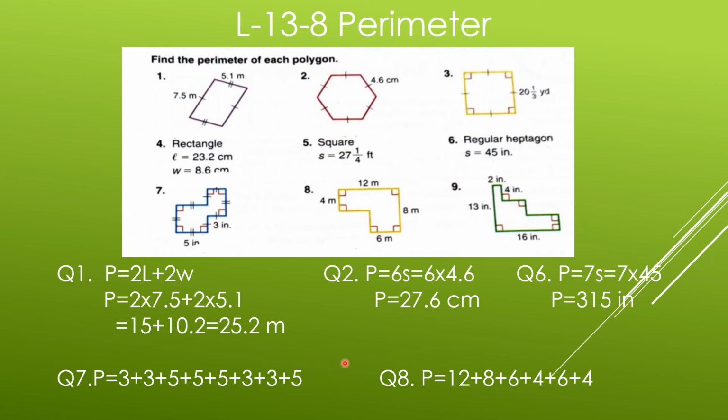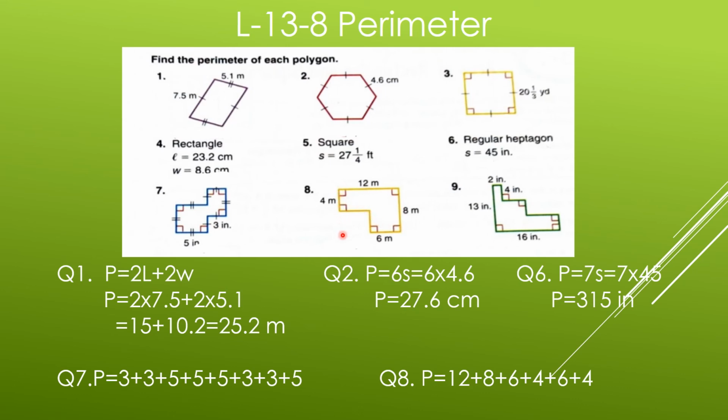In the same way here in the question number 8, how many sides? 12, 8, 6 and this one is 4 and this one is 6 and this one is 4. This is why it is 6, because all together is 12 and 6 here. Then what is remaining? 6. And in this one you can see this is all together 8 and this one is 4.